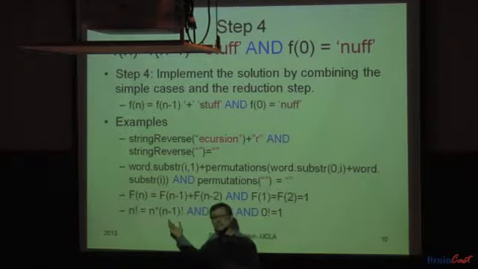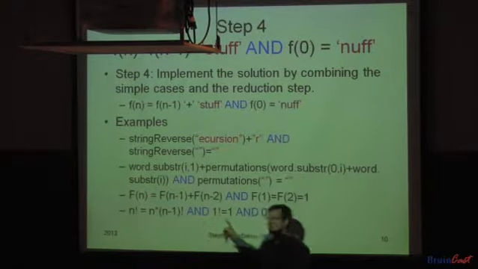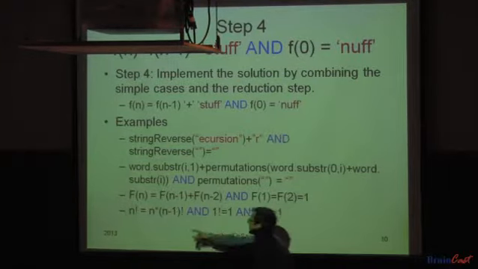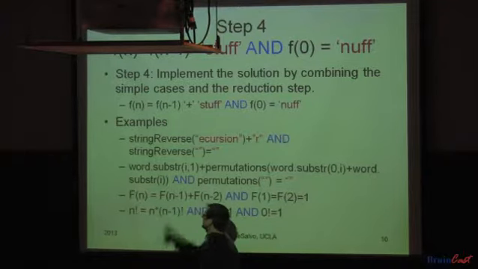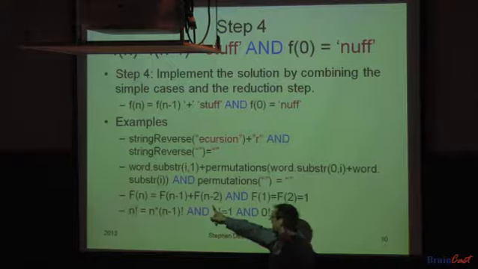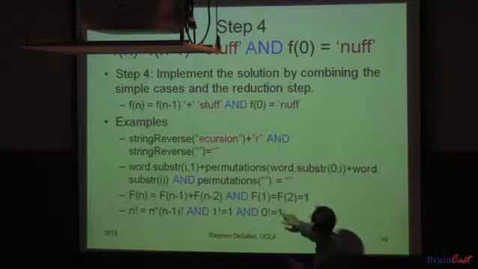But we need to check to say if n is equal to 1, don't call this again, just return a 1. Or if n is equal to 0, return a 1. Similarly with Fibonacci. Fibonacci of n is the sum of Fibonacci of n minus 1 and Fibonacci of n minus 2, as long as n is larger than, that's a typo, n is larger than 2.